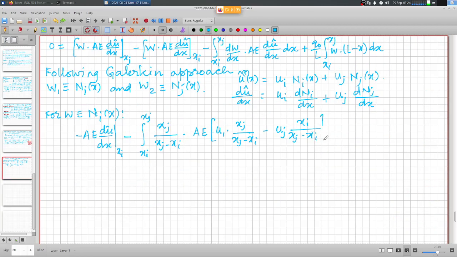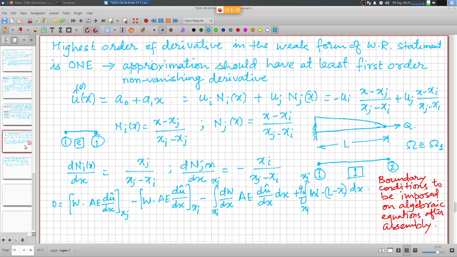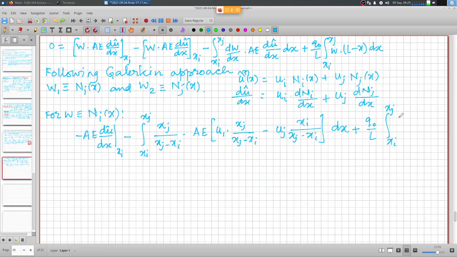So this is what you get, dx, and then this term from xi to xj, and W is equal to Ni, and Ni is given by x minus xj divided by xi minus xj, multiplied by q by L times (L minus x) dx.